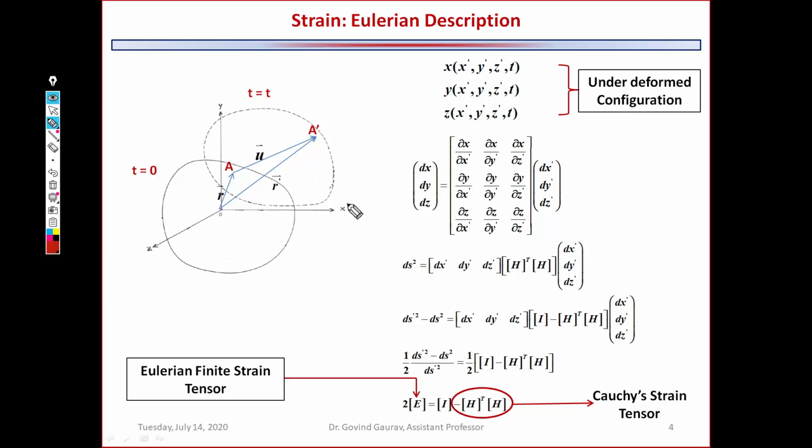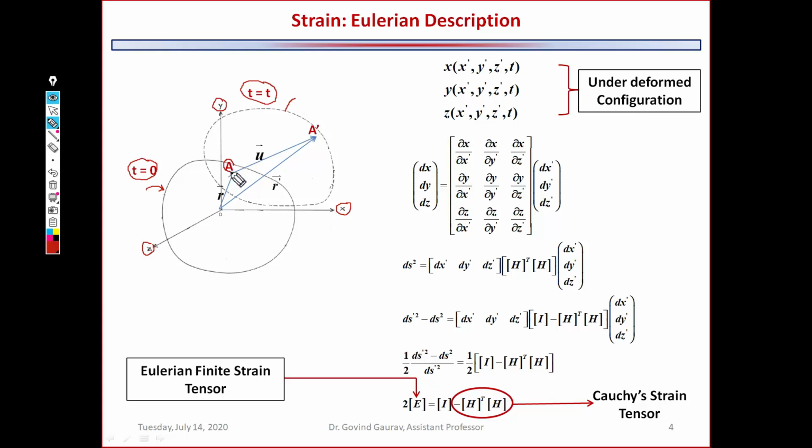Now this is the three-dimensional Cartesian coordinate system in the form of x, y and z. At t is equal to 0, this is the configuration which is shown by the bold lines. Now at t is equal to t, we have the deformed configuration which is shown by the dotted line.